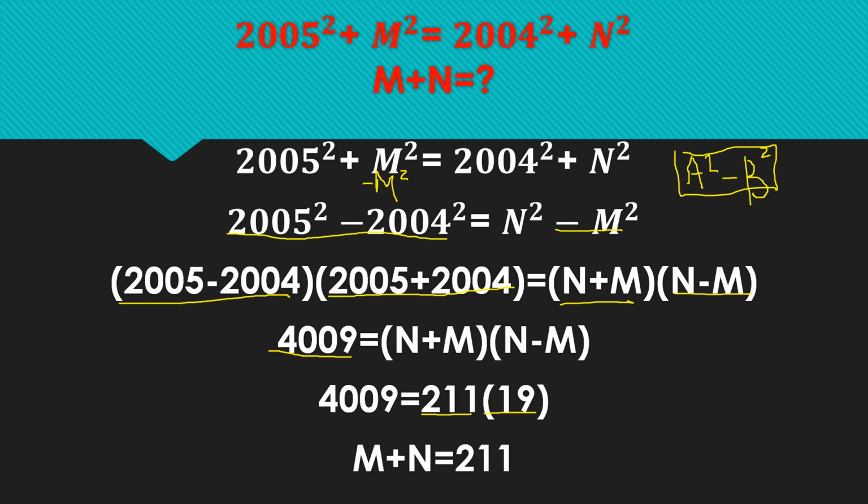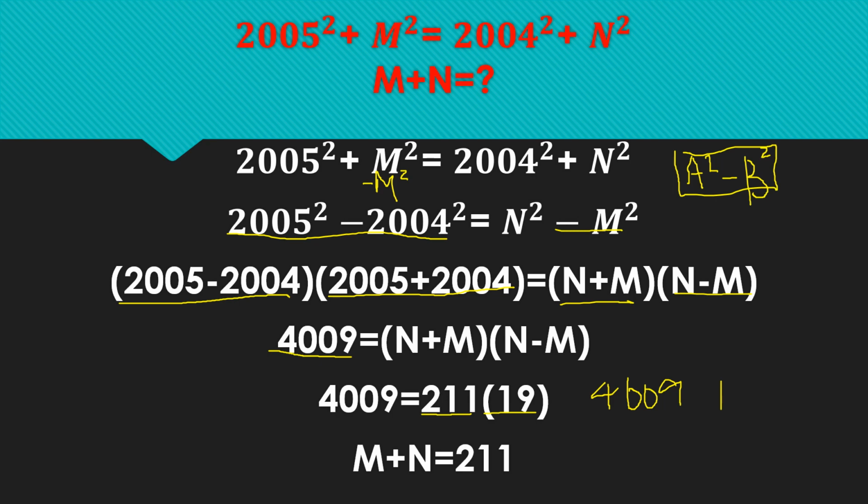Otherwise, it can be 4009 and 1. However, this method will not work as you will get an incomplete answer. So the only possible answer would be 211 and 19.